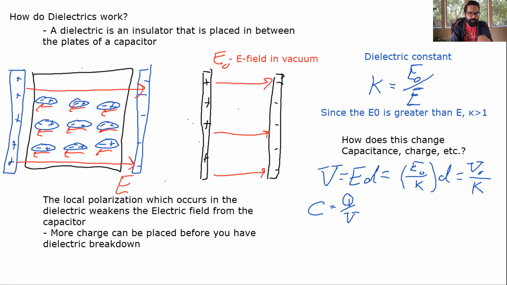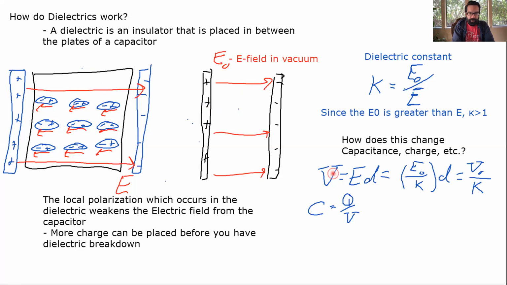So in both these pictures, this picture here and this picture over here, they're going to have the same Qs, right? I didn't do anything. The only difference here was inserting the dielectric. These two had the same charges, so they're going to have the same Q. What's different is the V's.